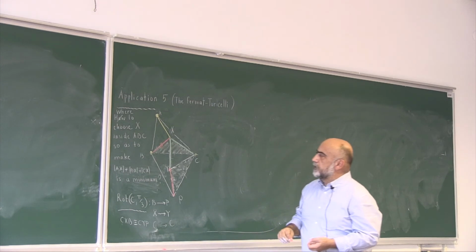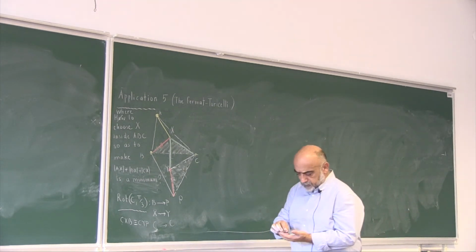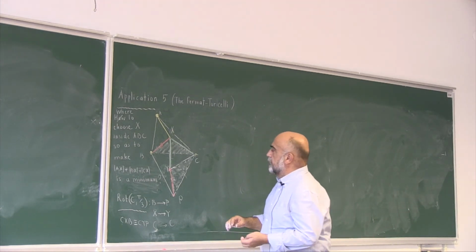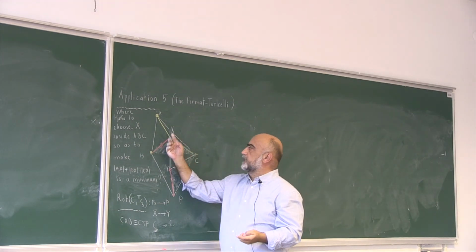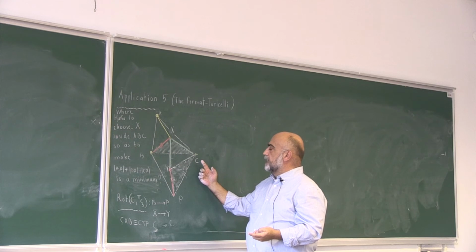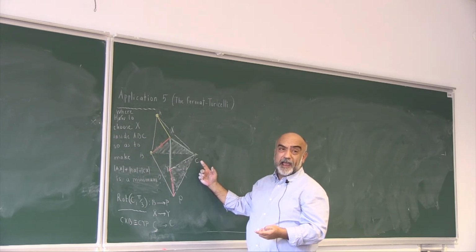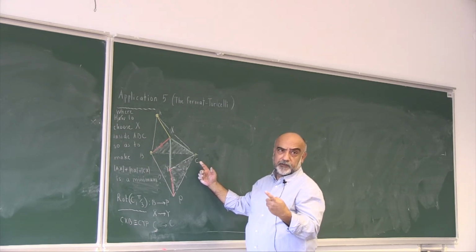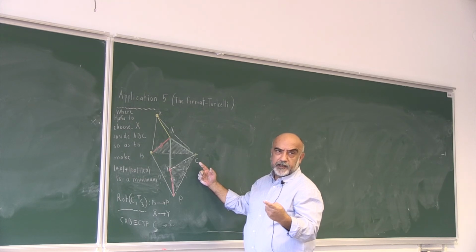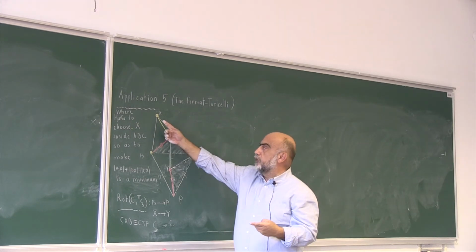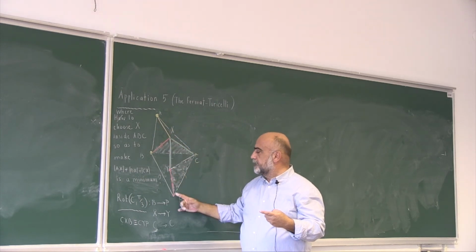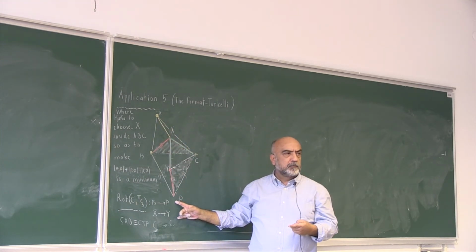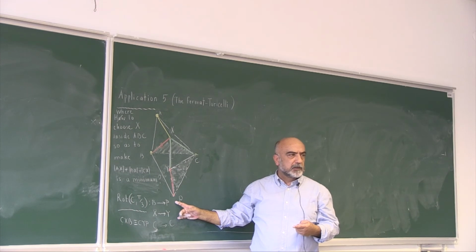Now we have got a curiosity. We have found that the sum of the distances XA, XB, XC is in fact the length of the broken line that joins the fixed point A to yet another fixed point P. P is a fixed point in this geometry.